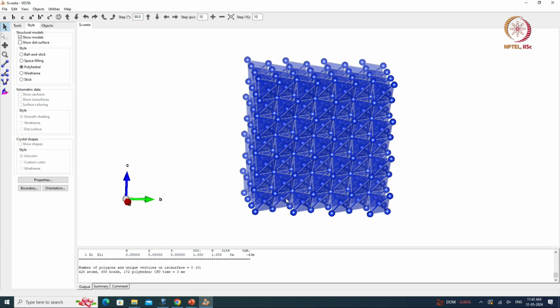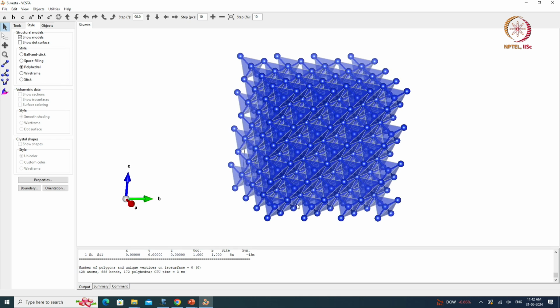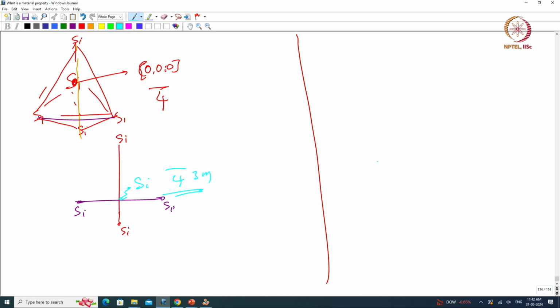Now, what is this bond? A silicon is connected to another silicon. This is the nearest neighbor bond. The tetrahedra works out in such a way that if this silicon is 0, 0, 0, then this silicon will be something like 1/4, 1/4, 1/4.